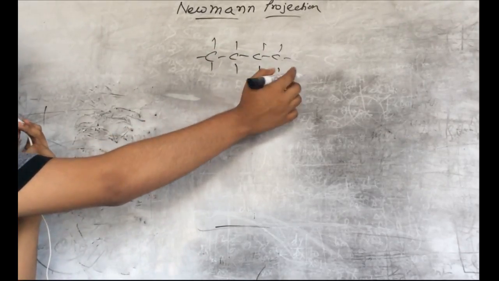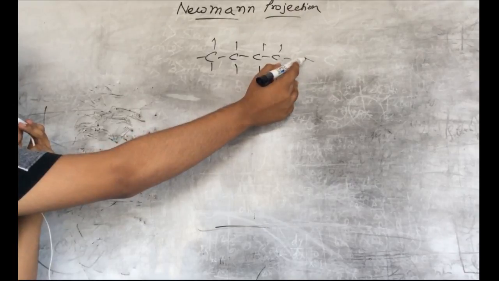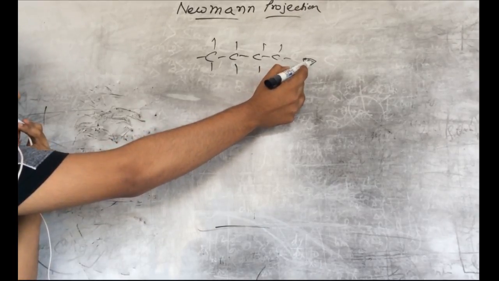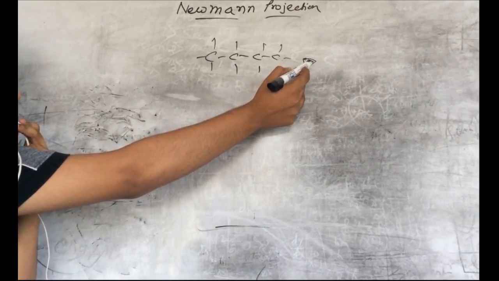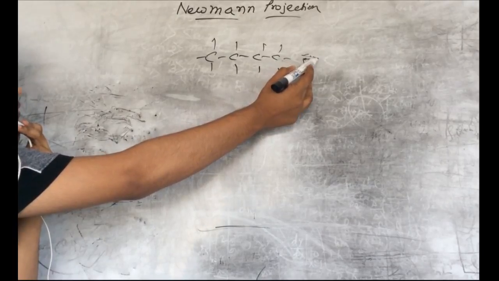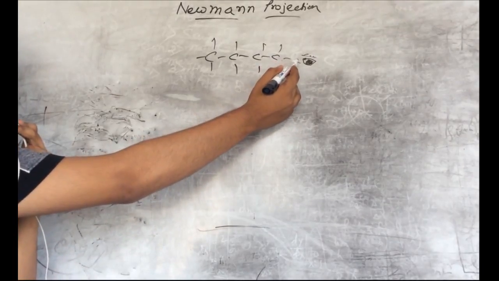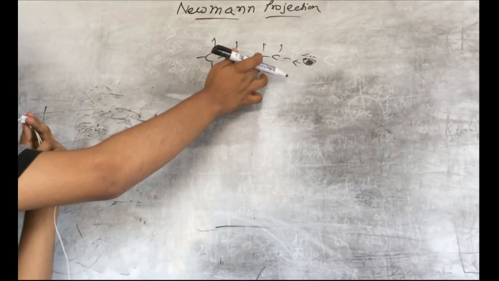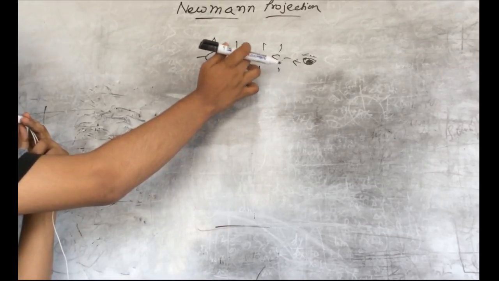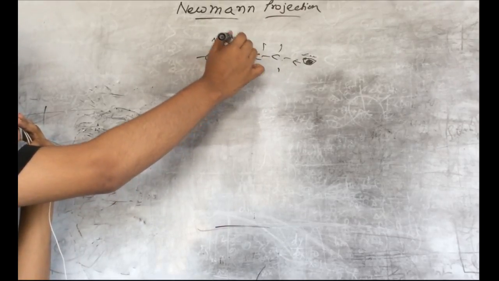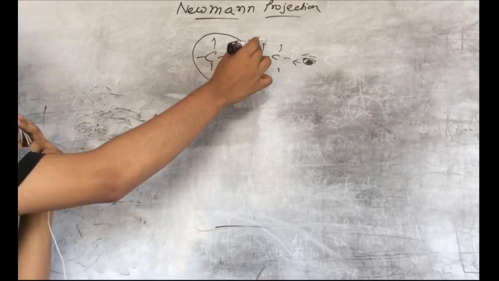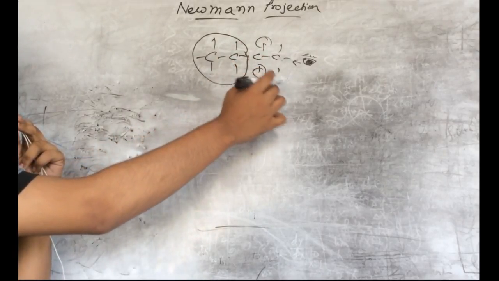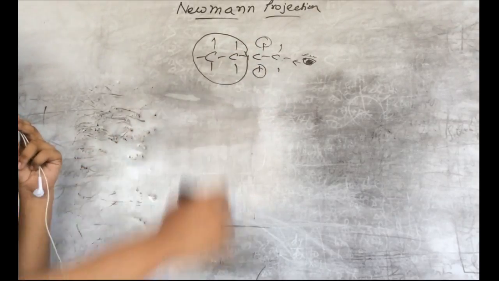now if we view along this side, then this one is the frontal carbon and this one is the backside carbon, and to this is attached the whole C2H5 group, and 1 H and 1 H, 2 substituent hydrogens are attached.